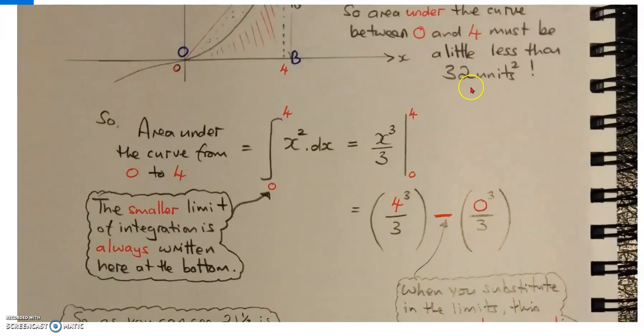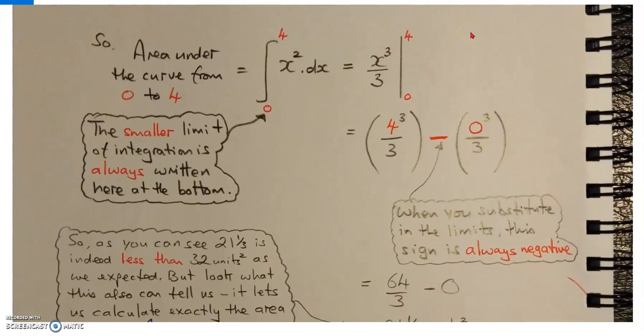Well, what we do is this. We say that the area under the curve from 0 to 4, you write it like this. You integrate and you put your limits in, these two limits here, 0 to 4. It matters very importantly that you always put the smaller limit at the bottom and the upper limit at the top.